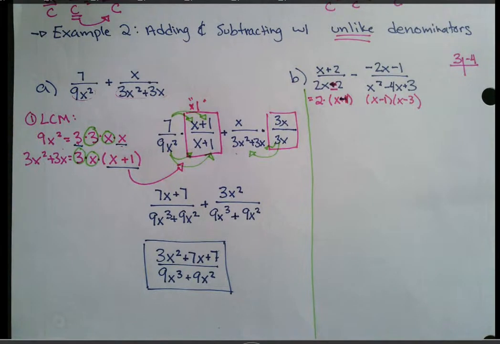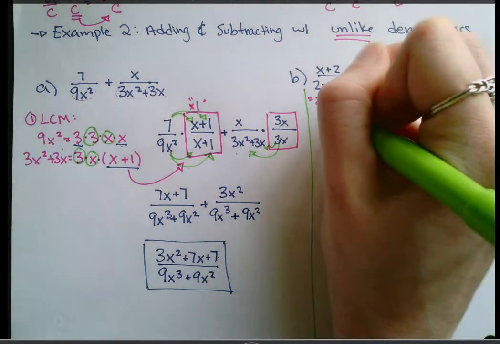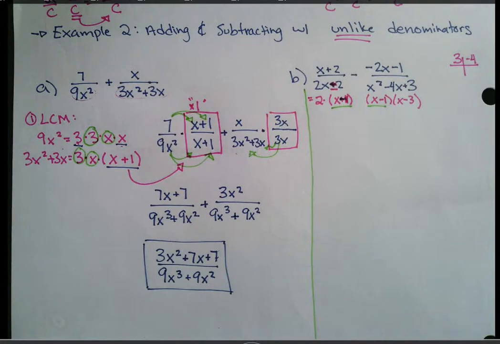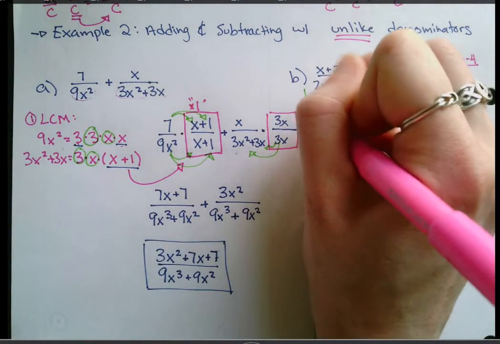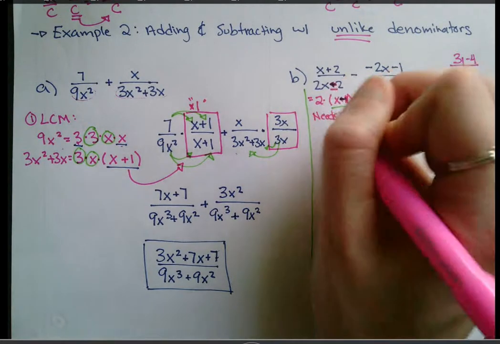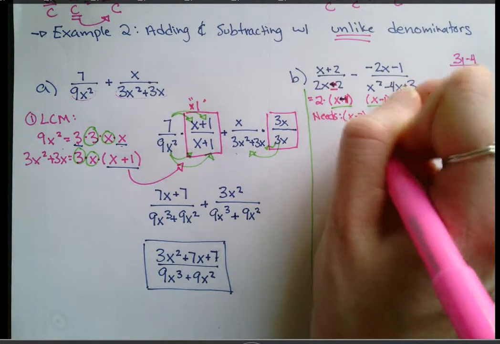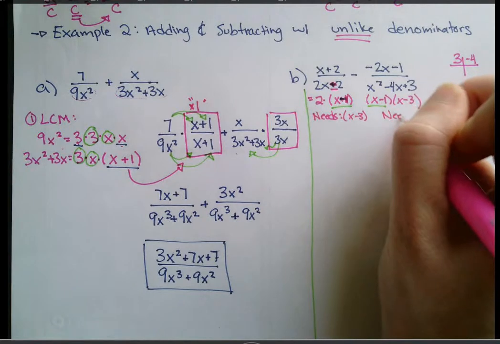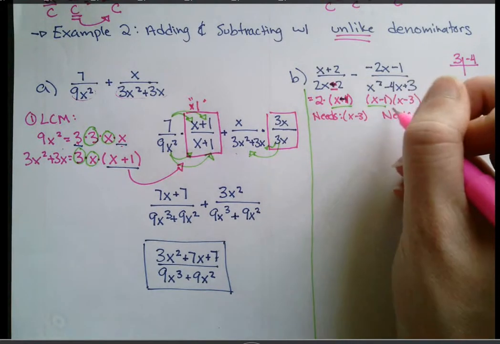So that means they have this x minus 1 in common, but some of this is different. This one, in order to match over here, doesn't have the x minus 3, so this needs an x minus 3. This one has the x minus 1 already, it needs the 2.